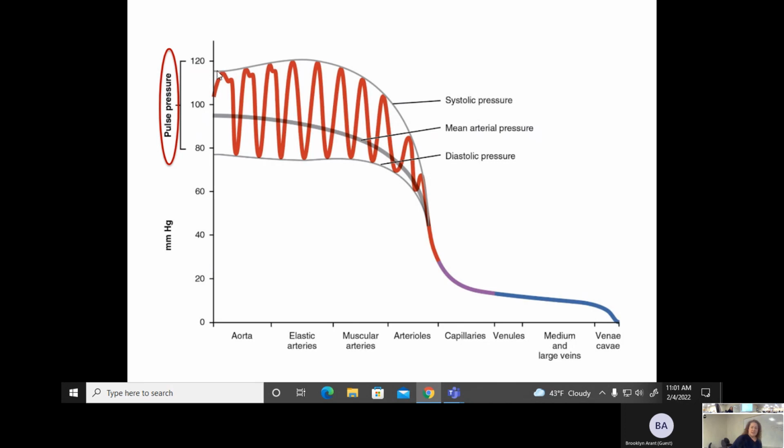Notice, next thing on this graph is that when you're in the arterial system, there is a range of pressures, and there are pressure waves. You're seeing the wave like this.